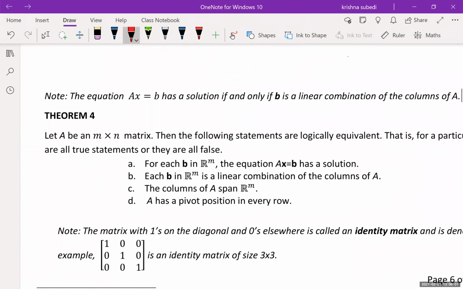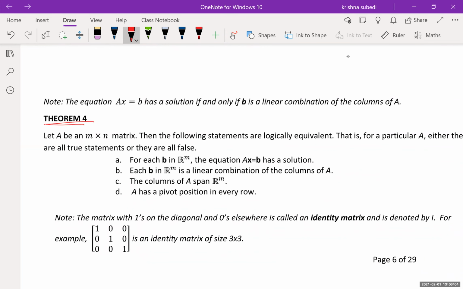So Theorem 4, I just want you to read this, and it may be helpful to solve problems later on. What this theorem tells us is that if A is an m by n matrix, then the following statements are logically equivalent. What it means is if one statement is true, all of them are true. If one statement is false, then all of them are false. So for each B in Rm, B is a vector in Rm, the equation Ax equals B has a solution.